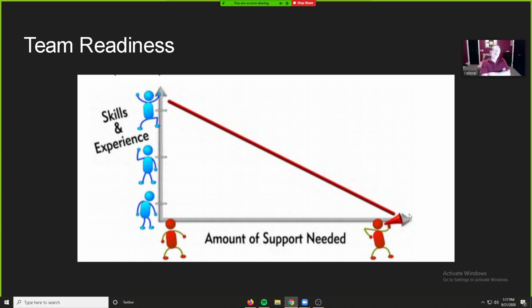What was the last group we talked about? Does anybody remember the most recent kind of thinking about leadership? It was called what? Contingency. Yeah, that's correct.